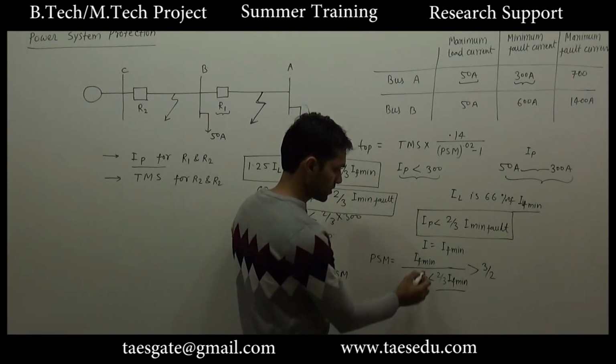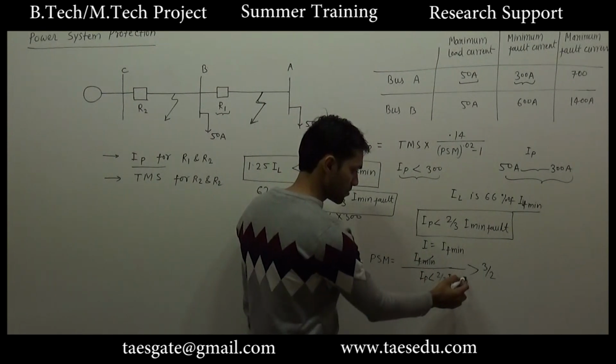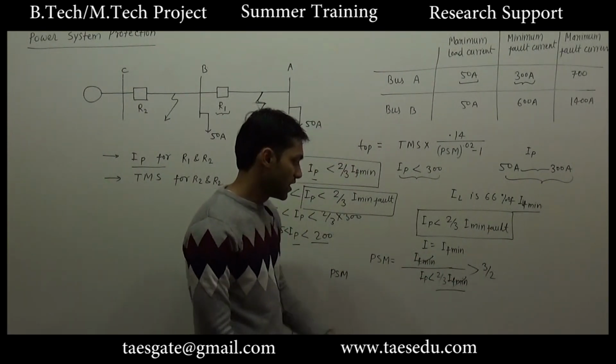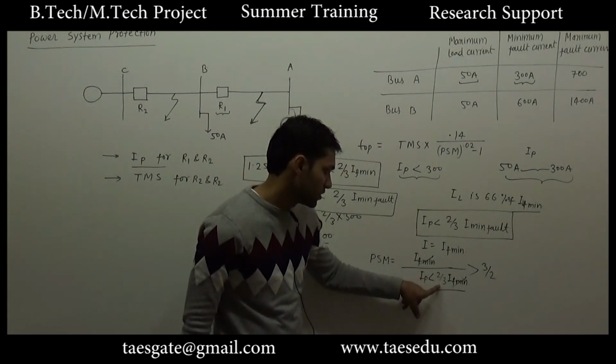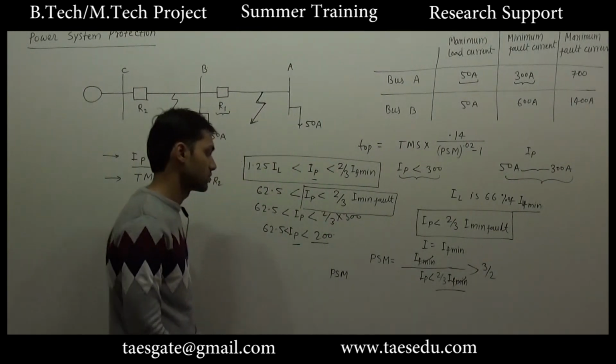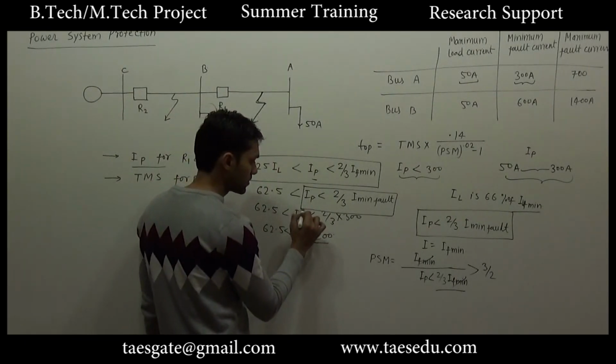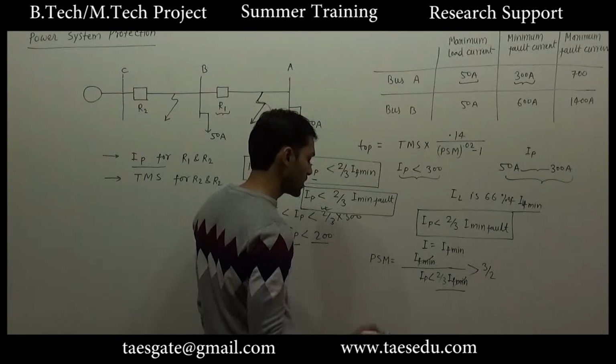IF minimum and IF minimum will be cancelled, and if this quantity is less than 2 by 3, obviously this quantity will be greater than 3 by 2. So by satisfying this inequality, what are we satisfying?